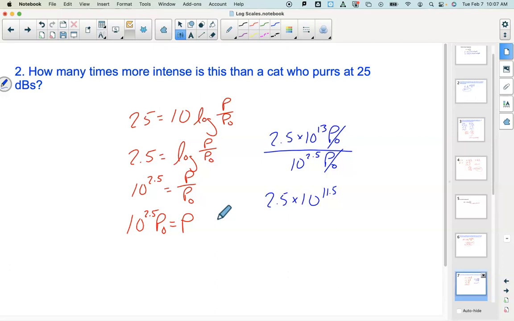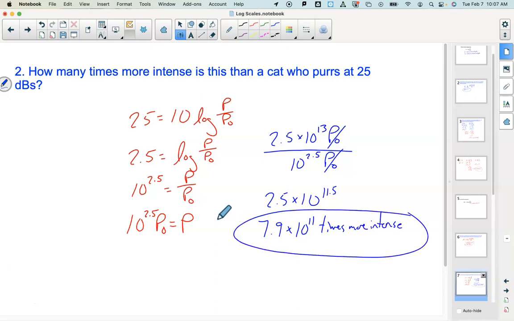There we go. On my calculator, I'm getting roughly 7.9 times 10 to the 11th times more intense. That means we have to move this decimal 11 places to the right. That's how many more times intense.